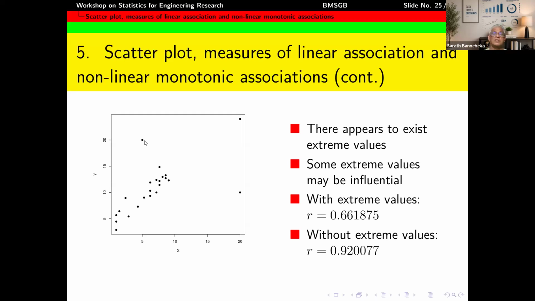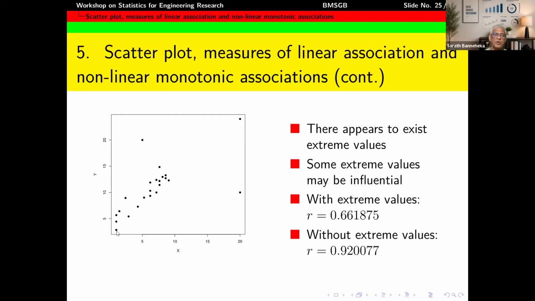But if you keep it, then the correlation will give you a wrong idea about the actual relationship for the other bulk of the data, because this might be an influential observation. It may have a large influence on the correlation coefficient. For example, if you consider the bulk of the data, there seems to be a strong positive linear relationship.